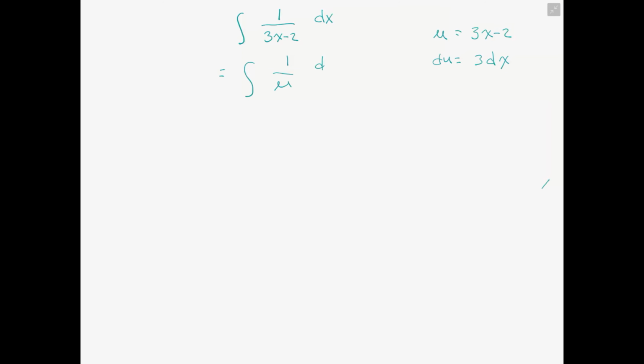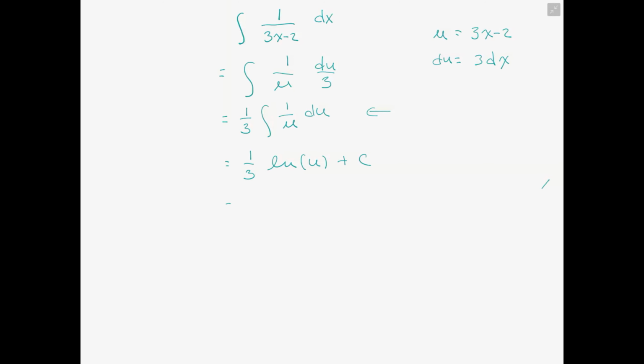So du is 3 dx. And so we put in our substitutions, 1 on u, and dx is du on 3. So we have 1/3 of 1 on u du.